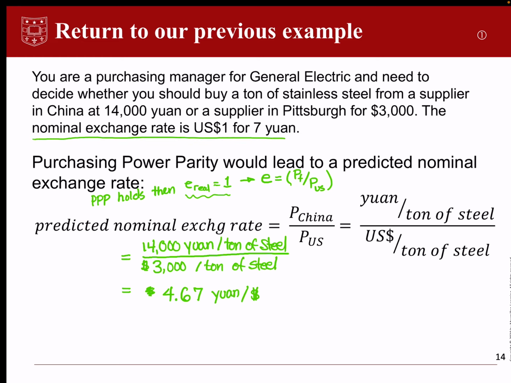Again, in terms of a picture, I can make that work, casting back to the first set of notes. We put on the horizontal axis the quantity of dollars traded in the foreign exchange market, and on the vertical axis the nominal exchange rate, which is yuan per dollar.